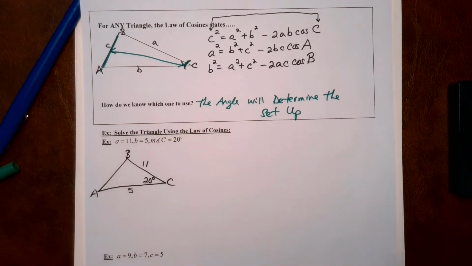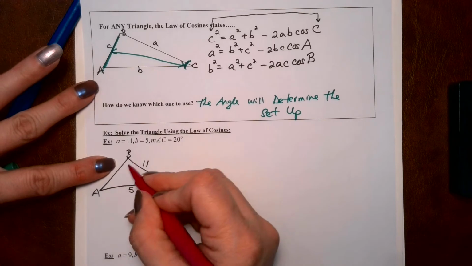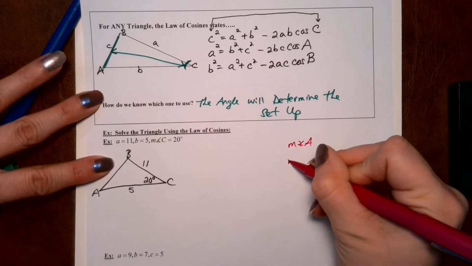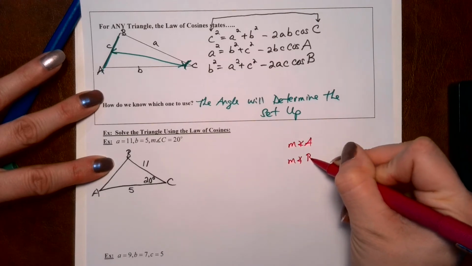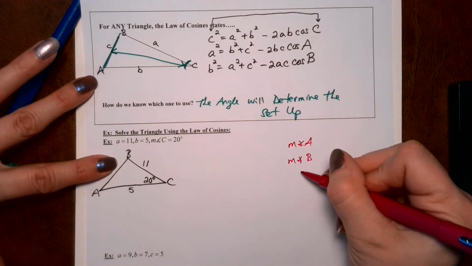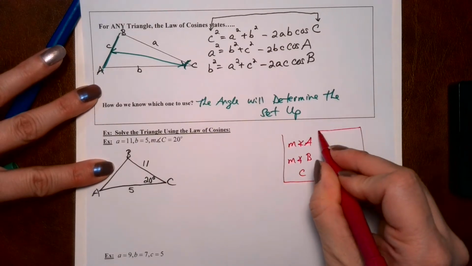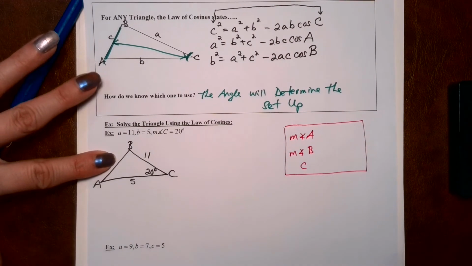Okay, so the 3 pieces that are missing, we have 2 angles here. We've got the measure of angle A, the measure of angle B, and then the only side that we're missing is side little c. So if I find these 3, I'll have the triangle solved.